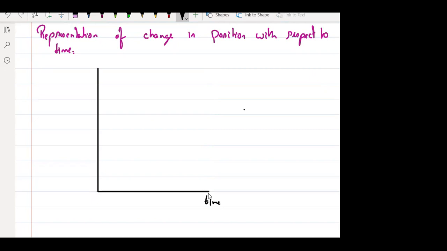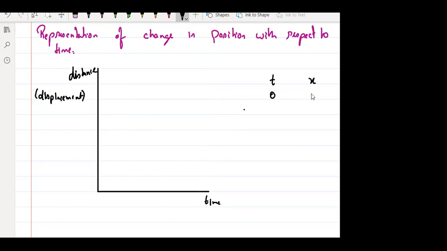This horizontal line represents time, and suppose this vertical line represents distance. It can represent displacement also. But here I'm saying it is representing distance. Okay. Yes, Bindu, I'll send the video. Don't worry. Now let us see time and displacement, right?